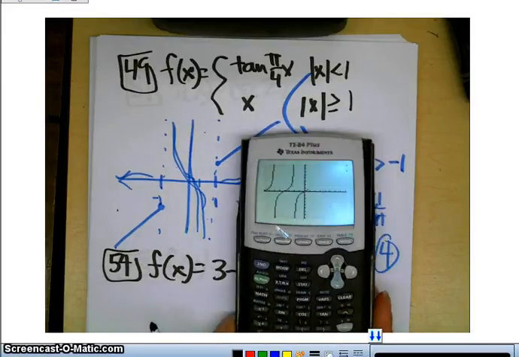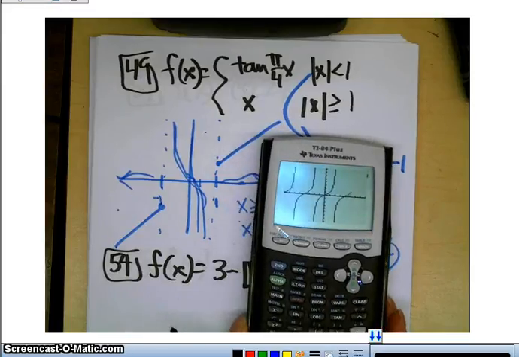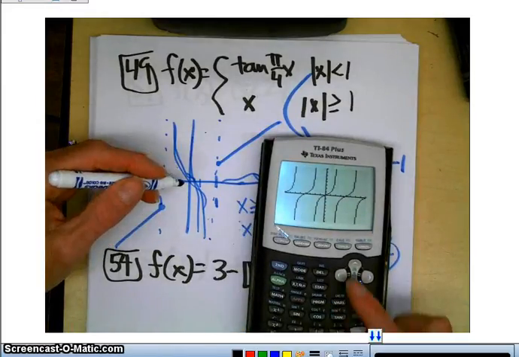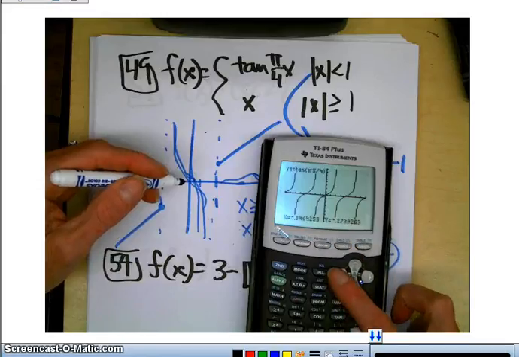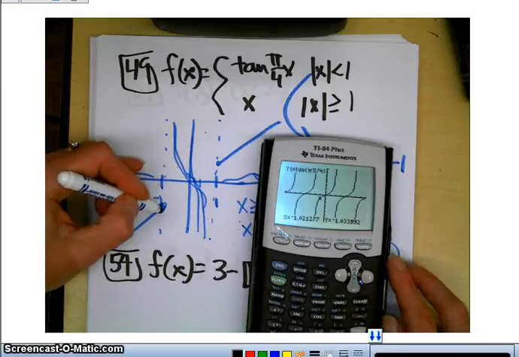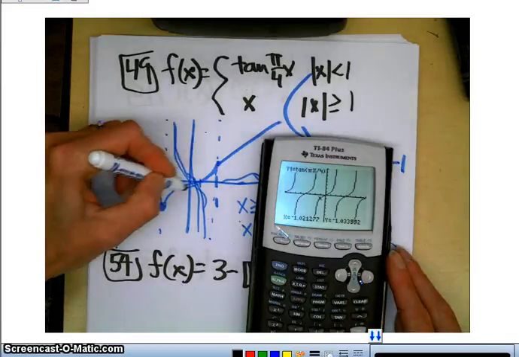Okay, so here's what the graph looks like right in there. Oh, look at that. It is the other way than what I have it. And if I hit the trace button at the x value of about -1, it's at -1. So look at that. That's what it looks like.